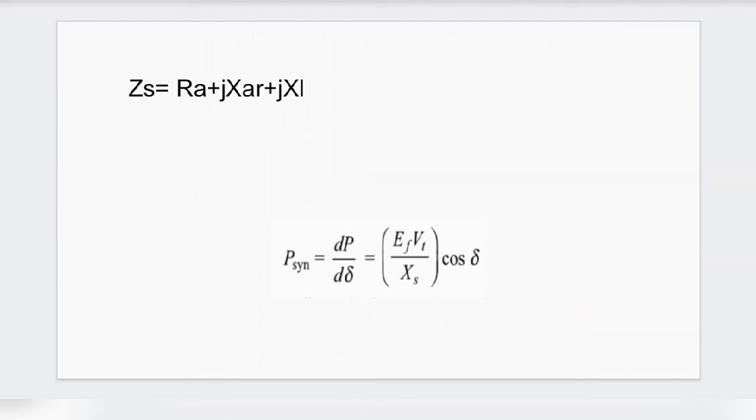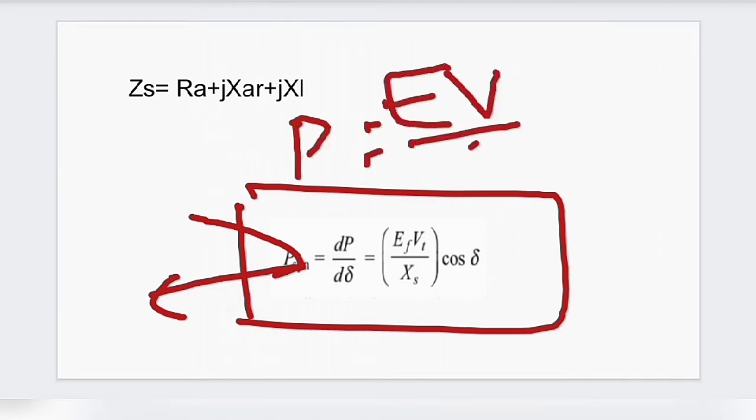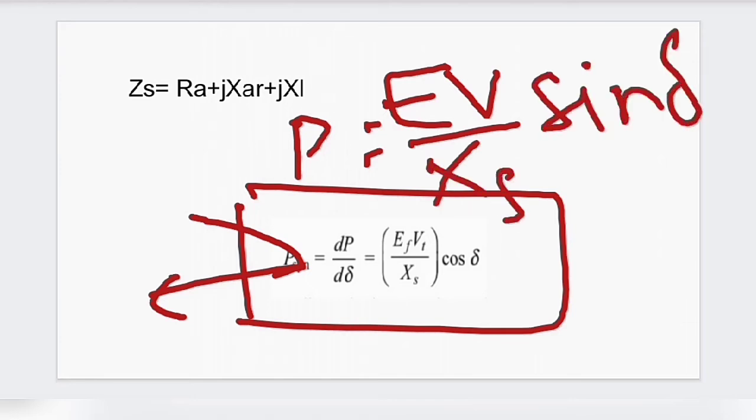From this formula we see this term is called the synchronous power coefficient or stability factor, which comes from the power equation. We know the power equation P equals EV by XS sine delta, for the cylindrical type of synchronous generator.